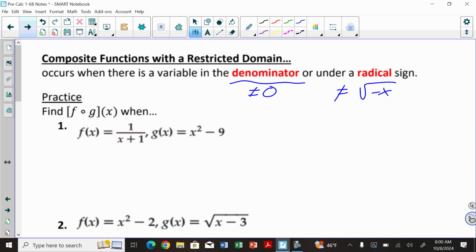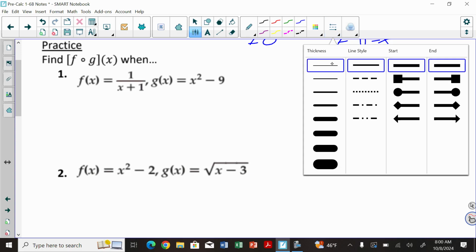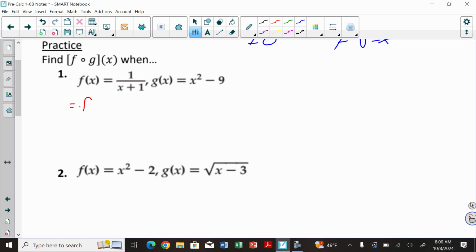Okay, so if we evaluate here, f of g of x when f of x is 1 over x plus 1, and g of x is x squared minus 9. So again, if we're going through this, I know that f of g of x is going to equal f of x squared minus 9, because that's my g function here.